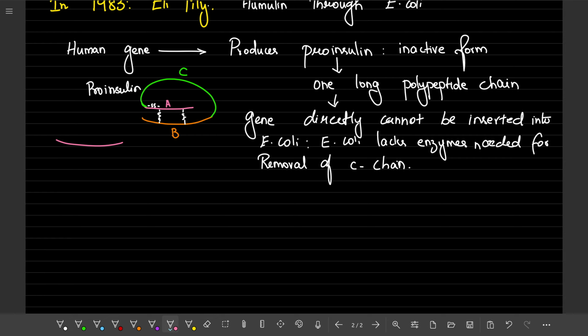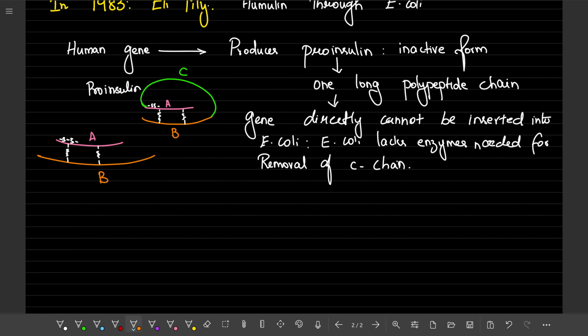So now if the C chain is removed, what will it look like? The A chain is going to be there, B chain is going to be there, and is there any change in the number of disulfide bonds? There is going to be no change. It is just going to be the same. So it is the A and B chain.